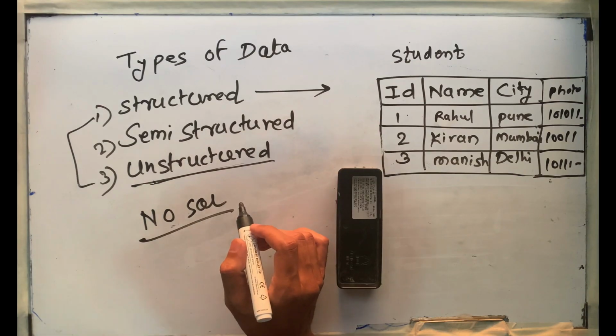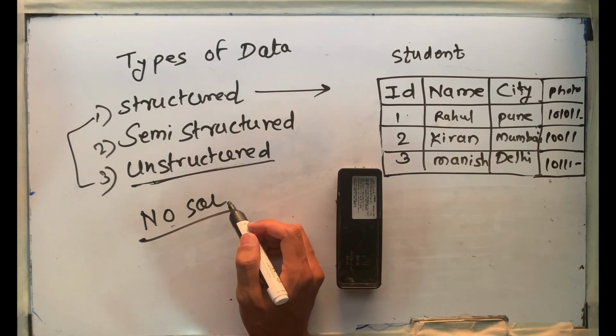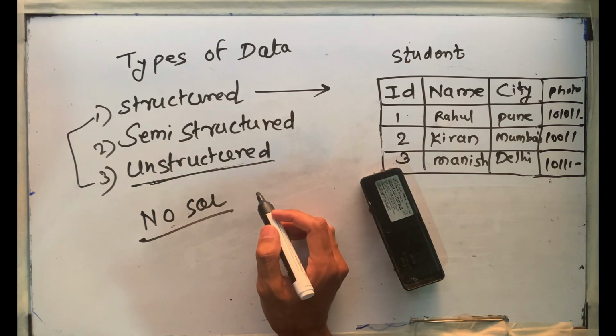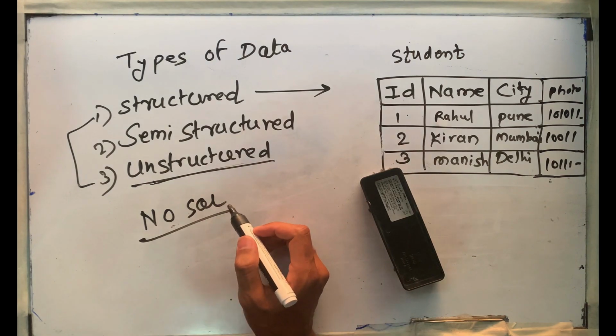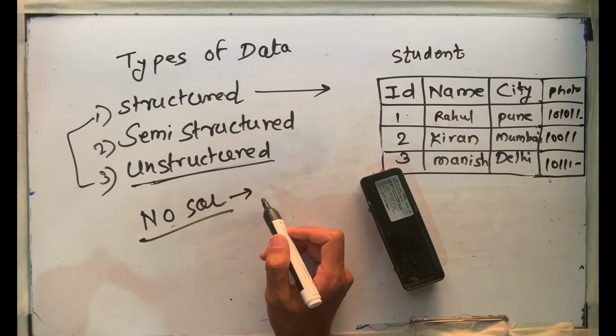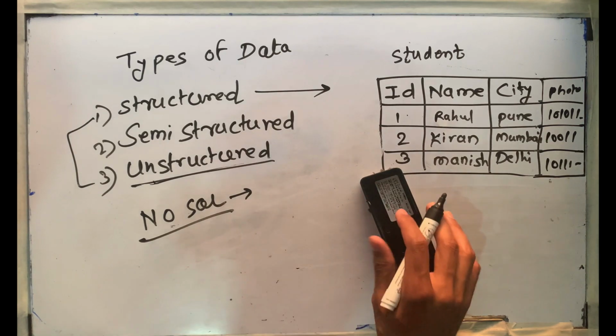NoSQL means not only SQL, and NoSQL databases are non-tabular databases that store data differently than relational tables, and are good for speed, scalability, and they can manage large volumes of data. That's why NoSQL databases came into the picture.